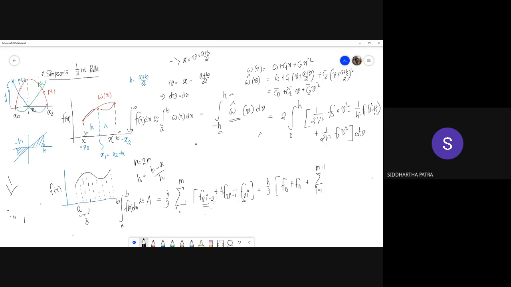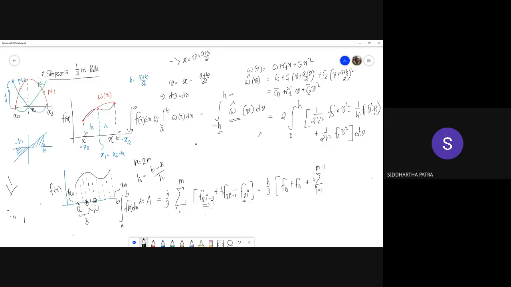So basically, the boundary terms appear twice. For any given pair of segments, there are two boundary terms. Let's say for the next segment, f0 or x0 appears once, xn appears once. But for any arbitrary segment other than the first and the last one, the values at the boundary appear twice: one for the previous segment and one for the current segment.